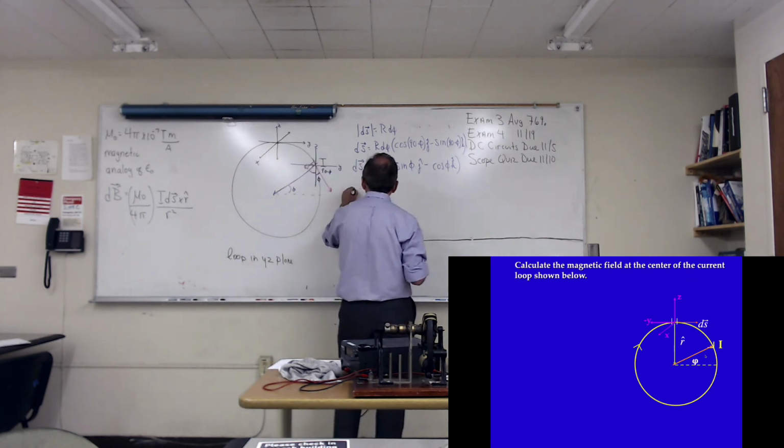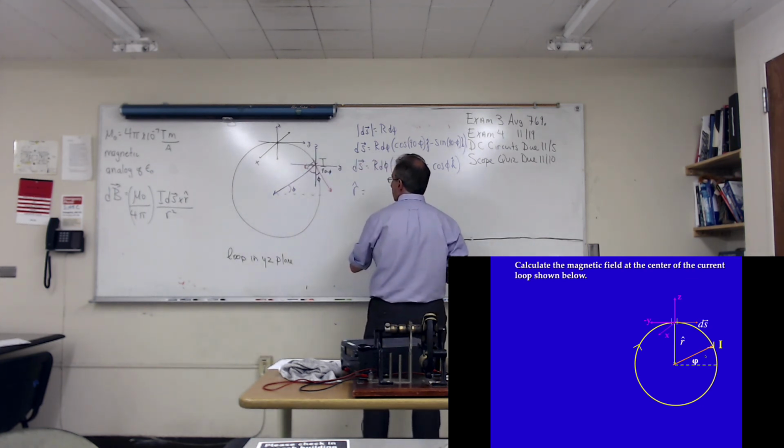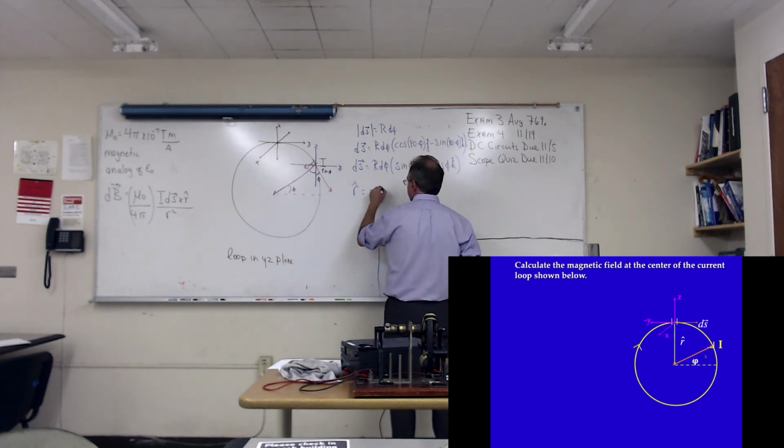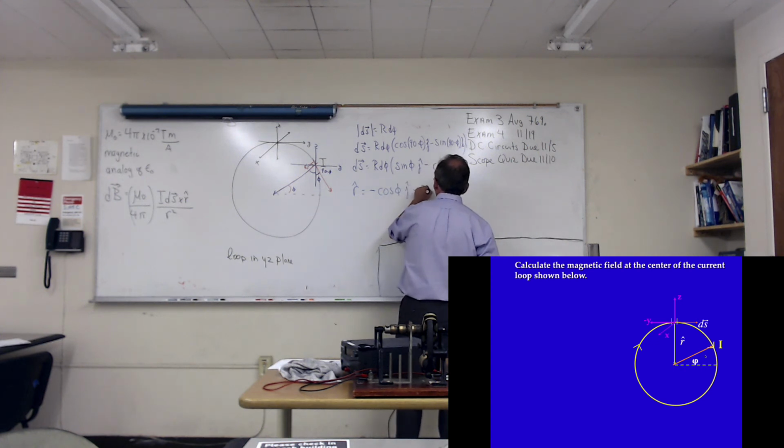R hat is minus cosine of phi j hat minus sine of phi k hat.